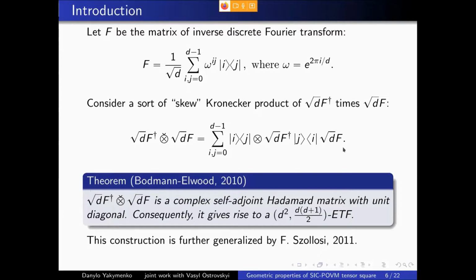And it's not hard to see that this total matrix just permutes entries of a usual Kronecker product of these two matrices.